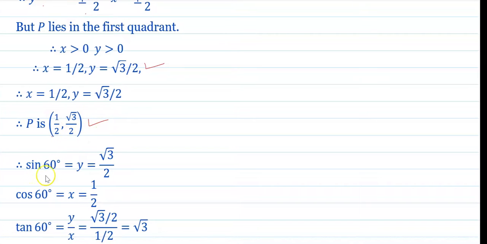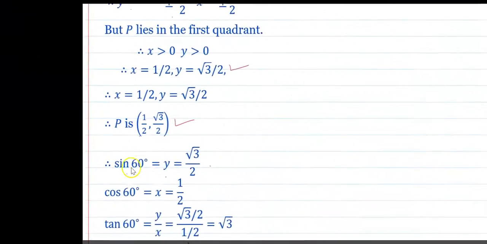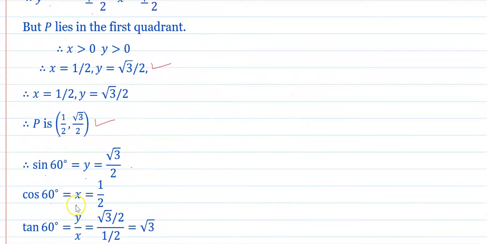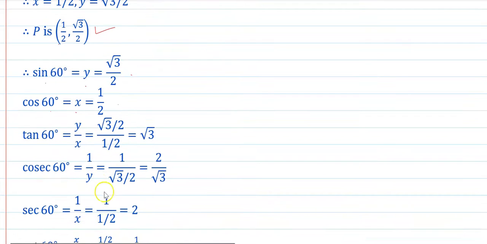Again the values. Sin 60 means what? y, root 3 by 2. Cos 60 means what? x is equal to 1 upon 2. Tan 60, y upon x, root 3 by 2 value of y, x 1 upon 2, 2 gets cancelled, you will get root 3. Cosec 60 means what? 1 upon y, 1 upon root 3 by 2, that's a reciprocal, किती? 2 by root 3.